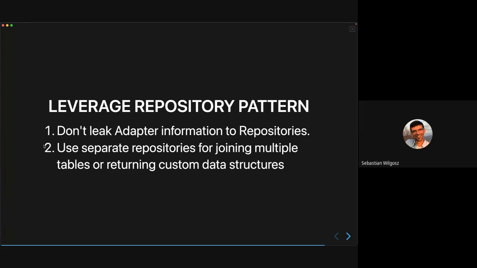And the truth is that for those cases, when we join multiple tables and return custom data structures, they work with different entities and different data structures, so they are different classes. They should be separate repositories, and this was a big thing for me to understand.